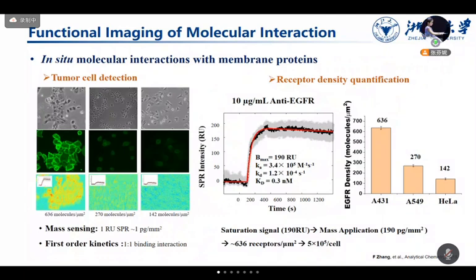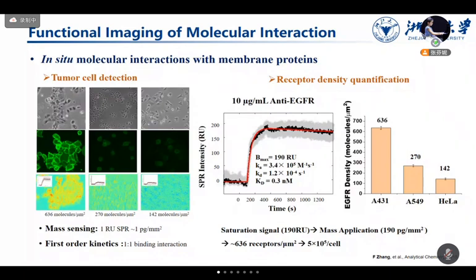And also, as we mentioned, SPR is a mass sensitive method. So we can transform the signal response to the mass density we obtained. So what we can do is we can quantify the receptor expression levels on a single cell. This is very important because we know EGFR is a cancer biomarker, right?